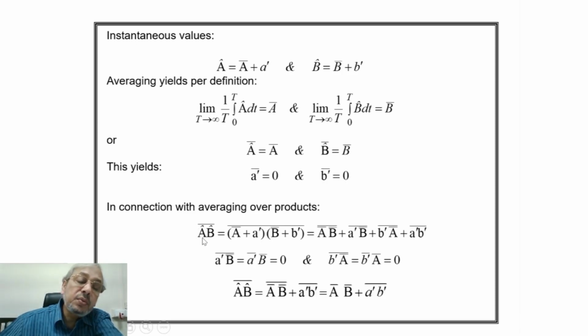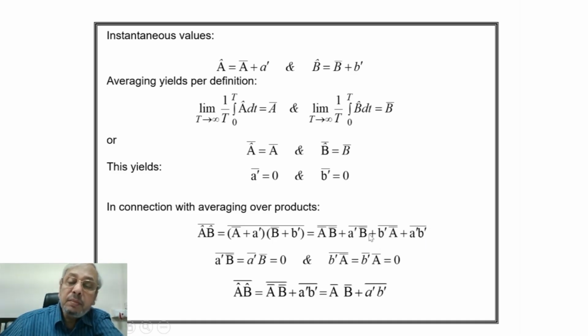Then if we take two quantities A hat and B hat and perform the averaging of that, we can write (A bar plus A prime)(B bar plus B prime) over bar equal to A bar B bar over bar plus A prime B bar over bar plus B prime A bar over bar plus A prime B prime over bar.